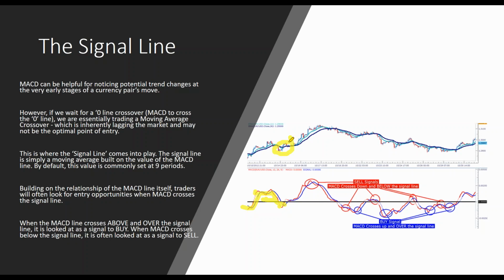This is where the signal line comes into play, the blue line, which is the 9-period exponential moving average of the MACD line down here, or the differential. The signal line is simply a moving average built on the value of this MACD line, and by default, the value is commonly set at 9 periods.